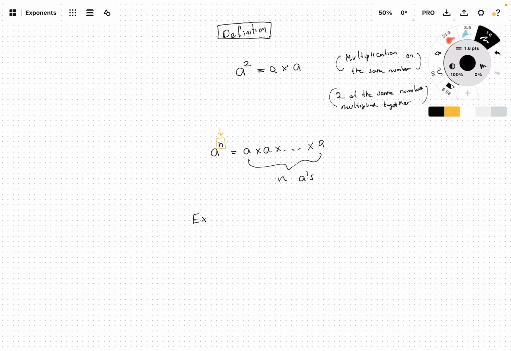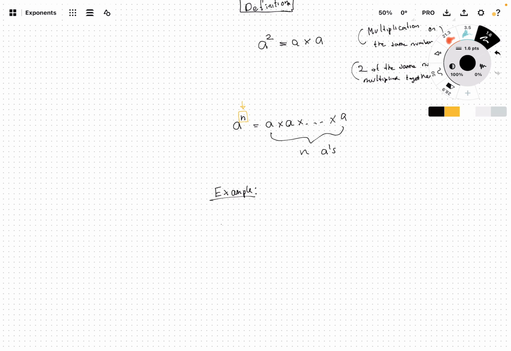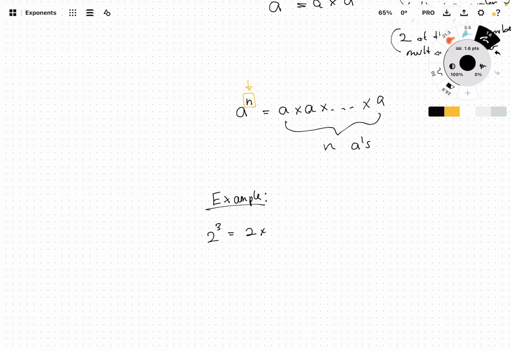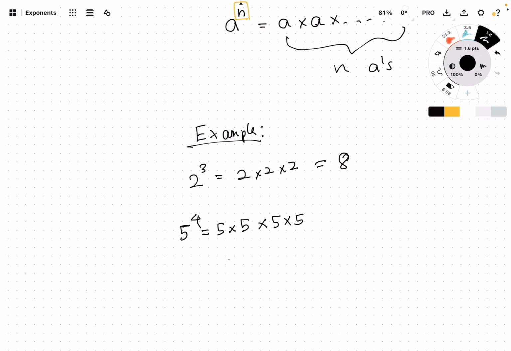Some examples of this: 2 cubed is 2 times 2 times 2, which is 2 times 2 is 4, times 2 is 8. You can have 5 to the power of 4, which is 5 times 5 times 5 times 5. This might take you a bit longer. 5 times 5 is 25, and this is also 25.